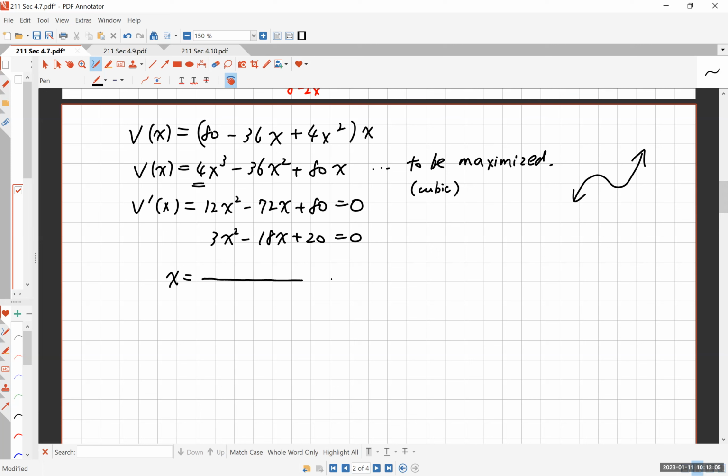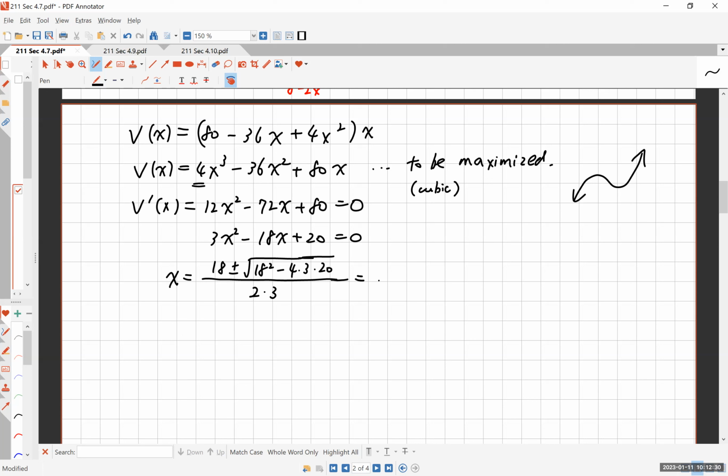And that wonderful equation is negative b plus or minus the square root of b squared minus 4ac, and let's hope the discriminant, which is the quantity inside of the radical, is positive, because if it's negative, then you don't have real answers. And then the denominator is 2 times a, right?